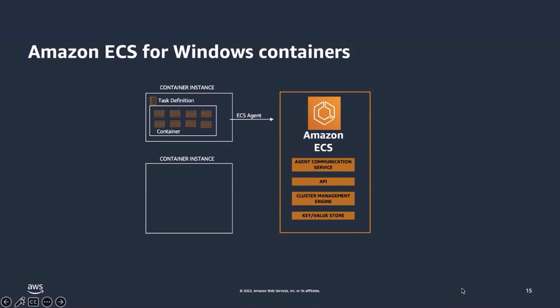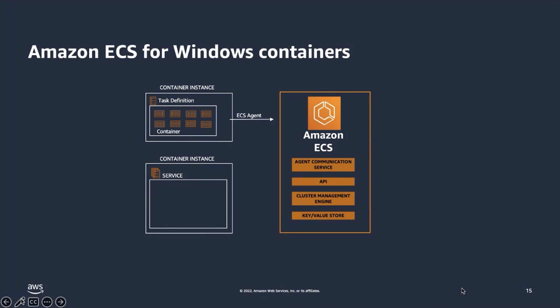But let's say that, for instance, you need to host an ASP.NET application as a Windows container. So this is going to be a long-running container. And for this specific functionality, Amazon ECS provides something called a service. With a service on Amazon ECS, you specify the number of tasks or Windows containers that you need to be up and running.